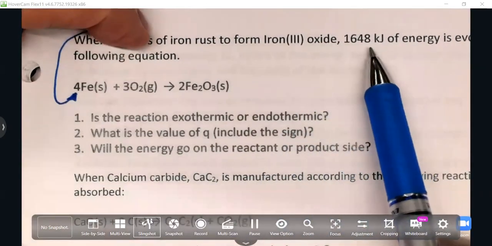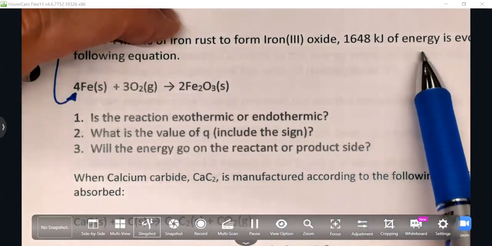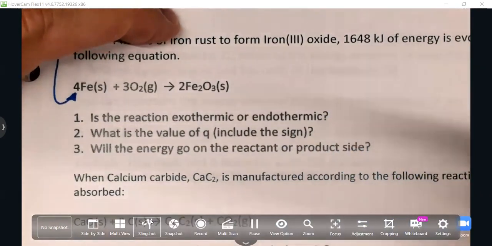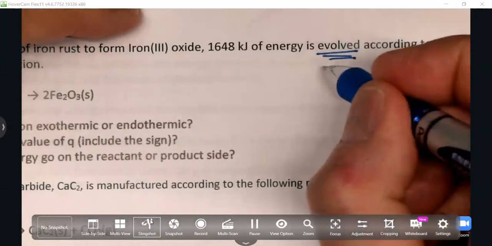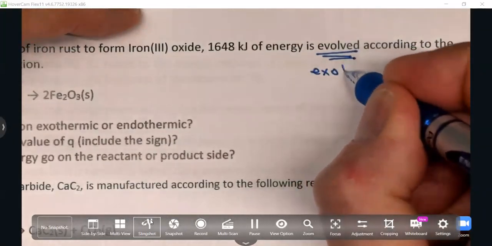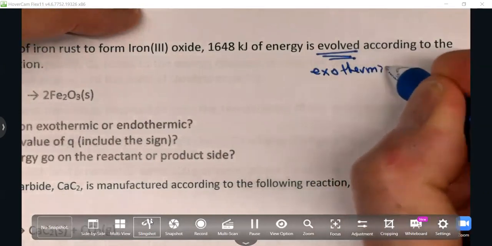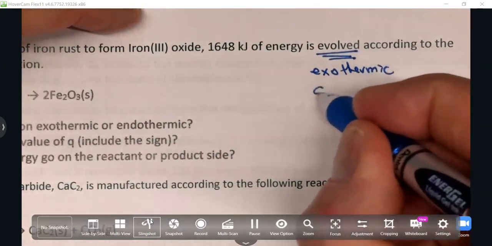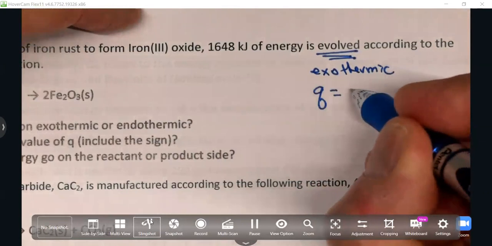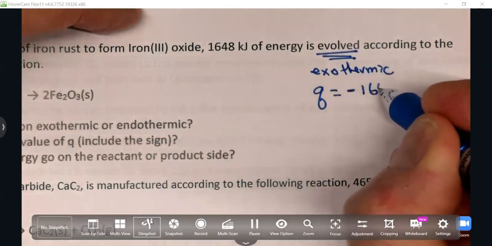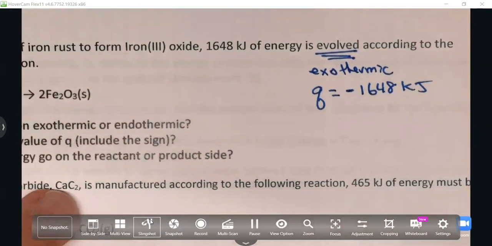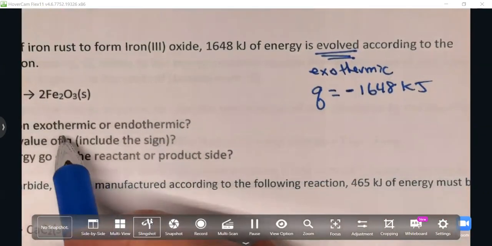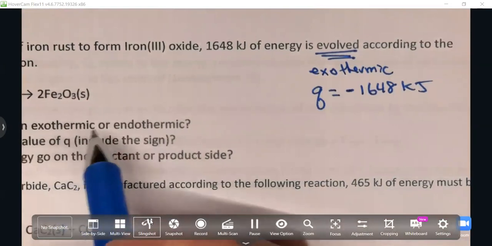So we get 1,648 kilojoules of energy is evolved. So when you see the word evolved here, you know that this is exothermic. And then the true value for Q would be a negative 1,648 kilojoules. So we know it's exothermic.